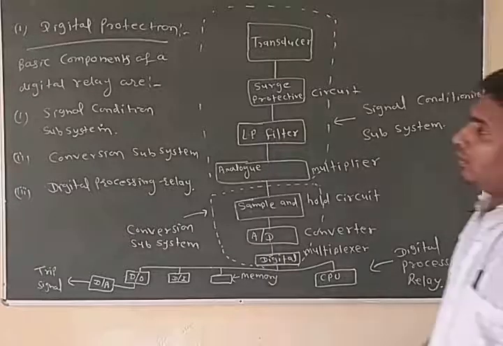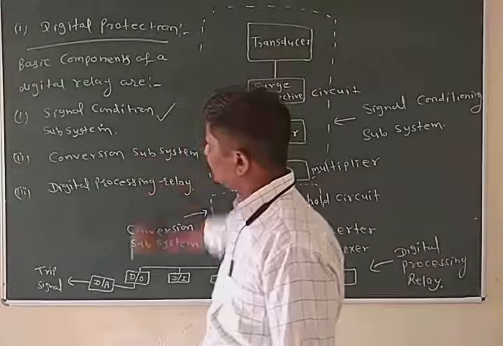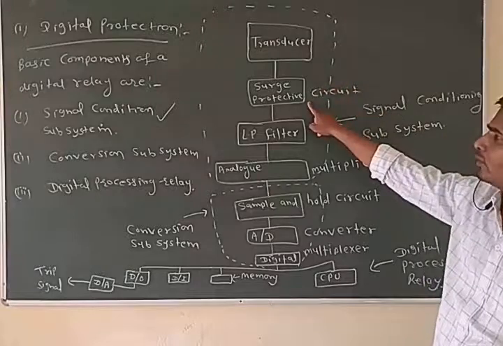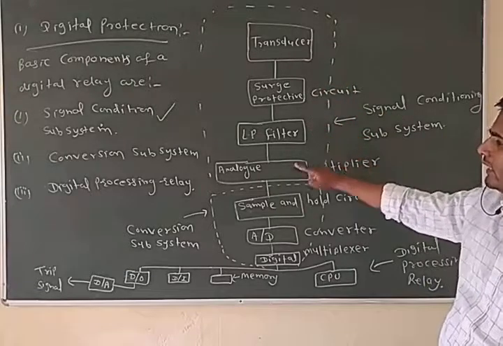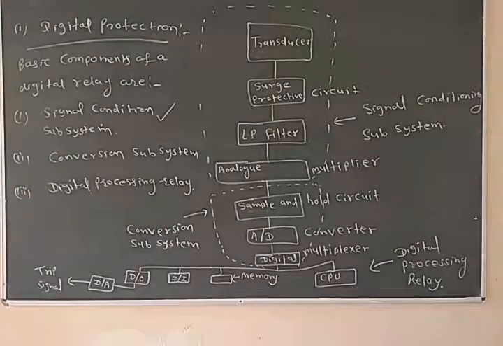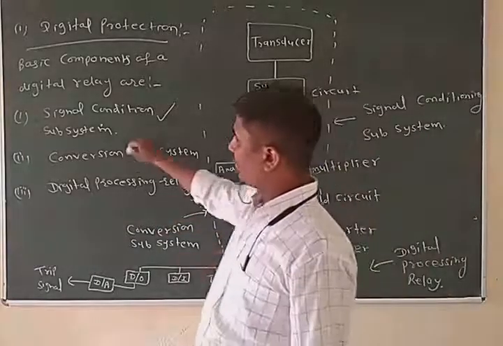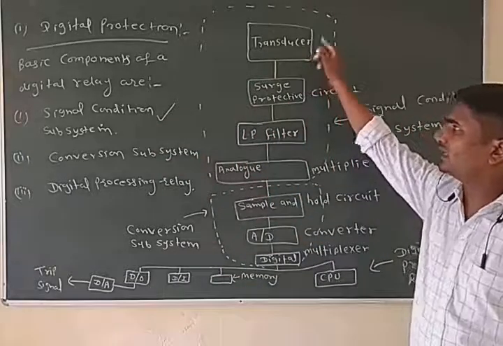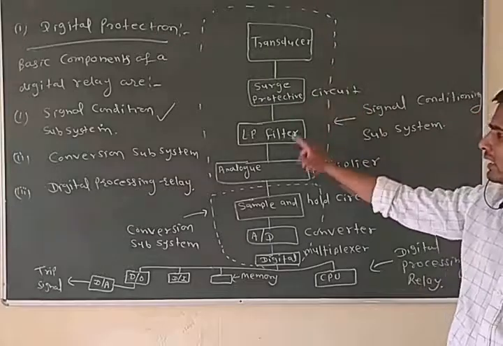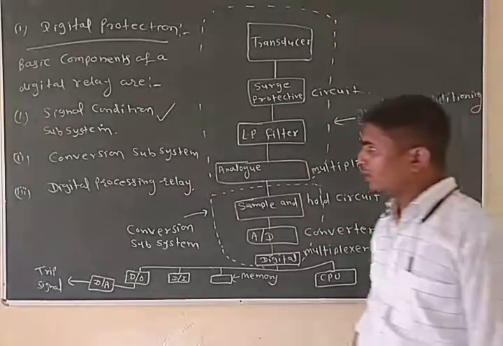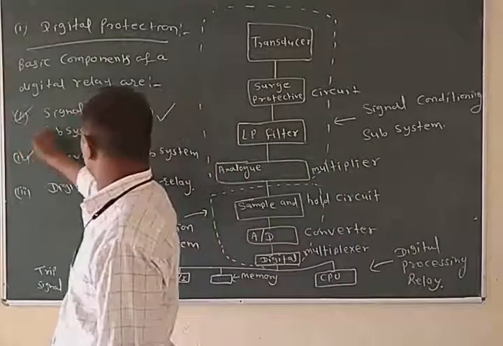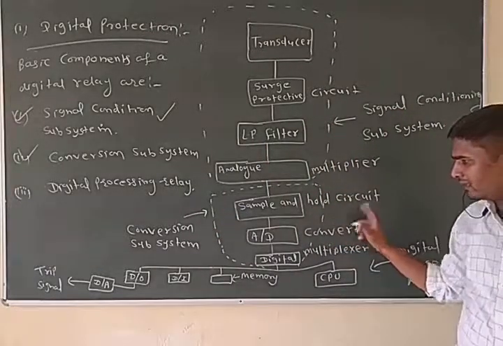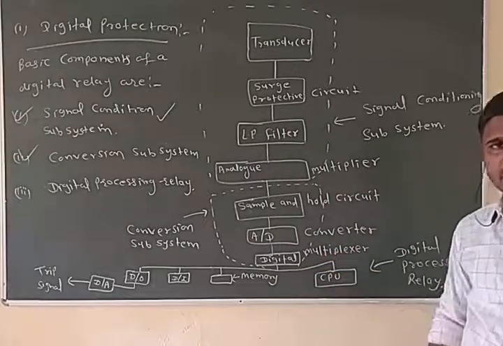Now, the signal conditioning system consists of the following components: transducer, protective circuit, LP filter, and analog multiplexer. The second system is the conversion subsystem, whose components are the sample and hold circuit, analog to digital converter, and digital multiplexer.